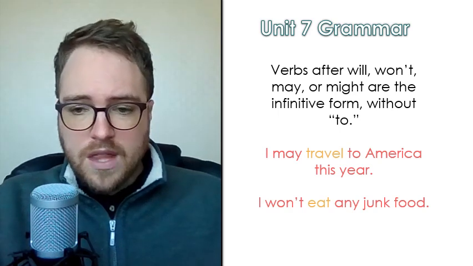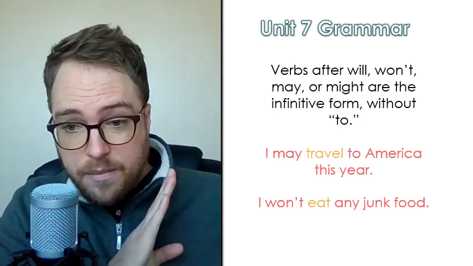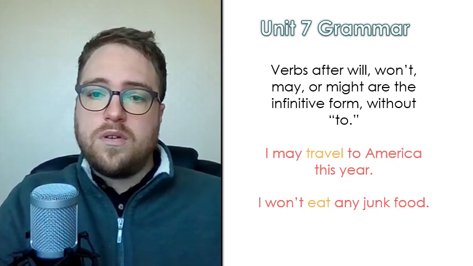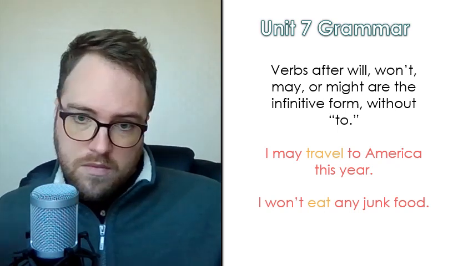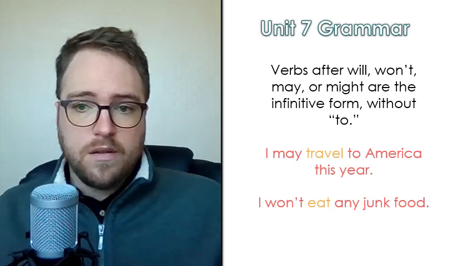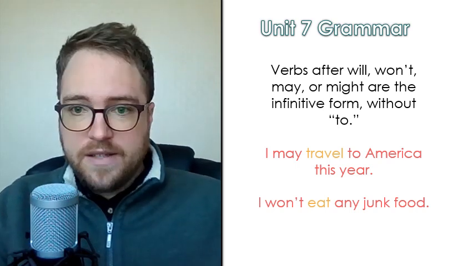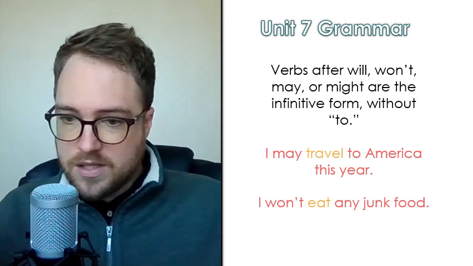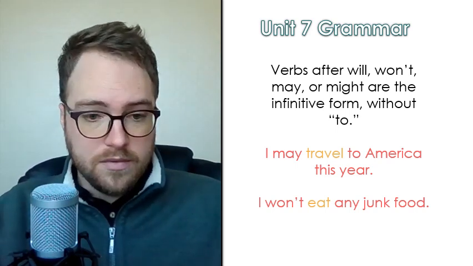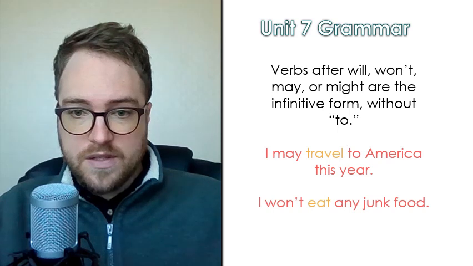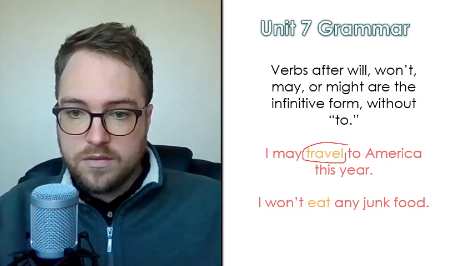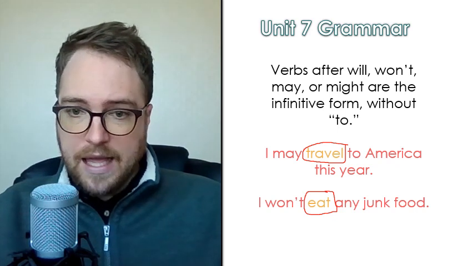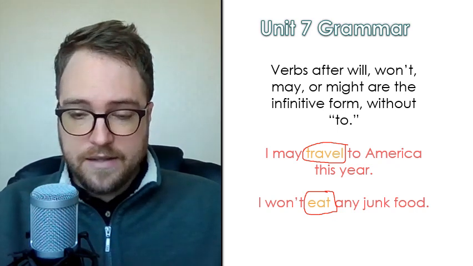So this is kind of like a language tip, okay? The verbs after will, won't, may, or might are infinitive without to. So don't change the tense on the verb, okay? So these words here, travel and eat, always stay travel and eat.